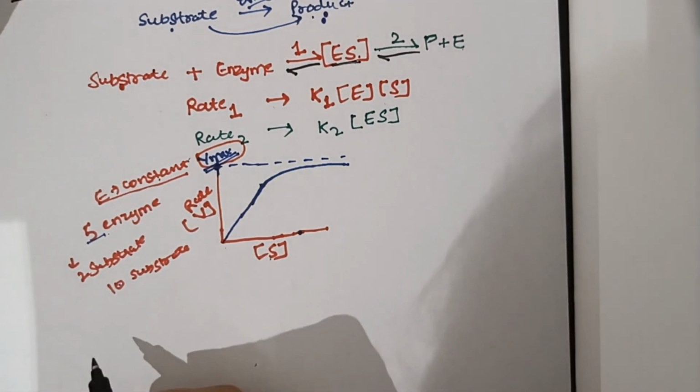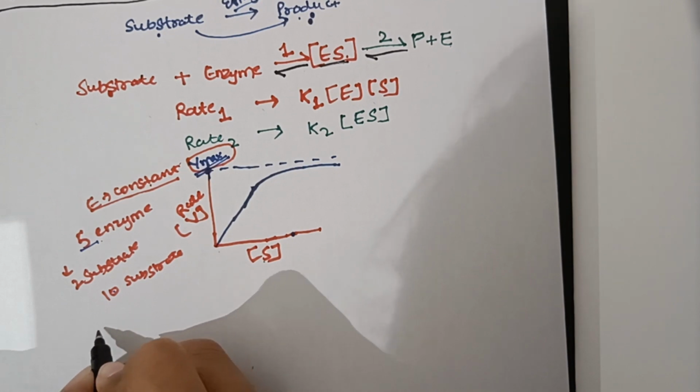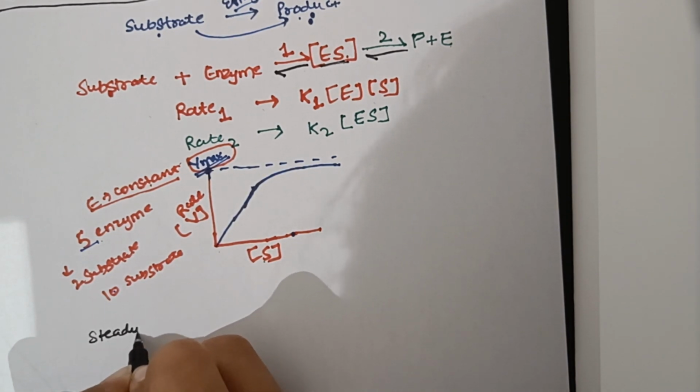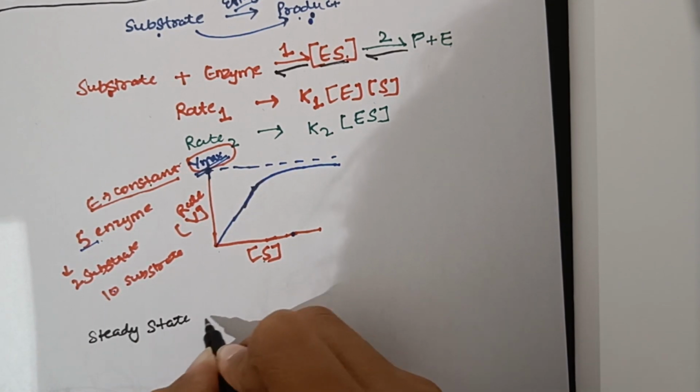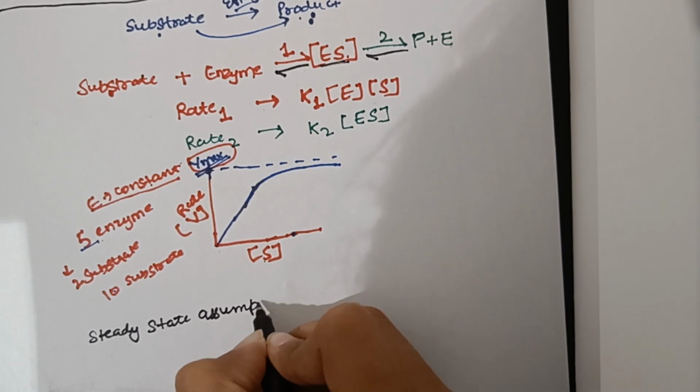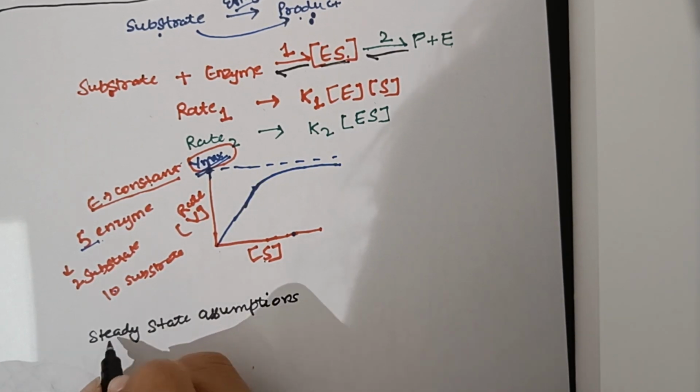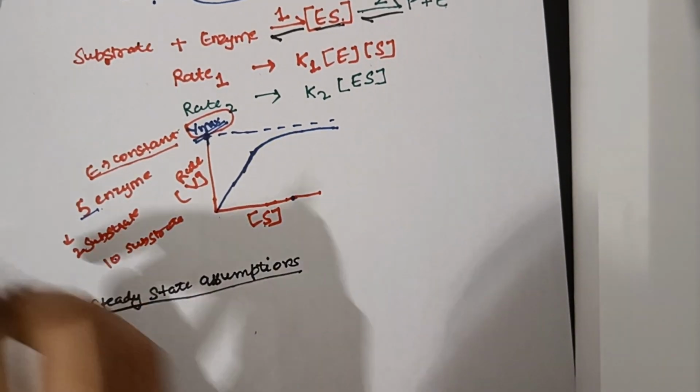Before that, there are some assumptions that we need to consider, which are called steady state assumptions, before going to the Michaelis Menten equation.